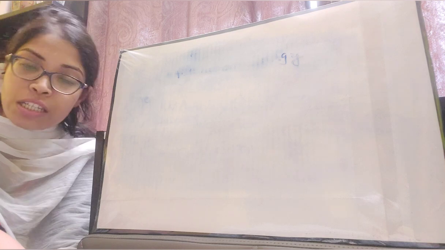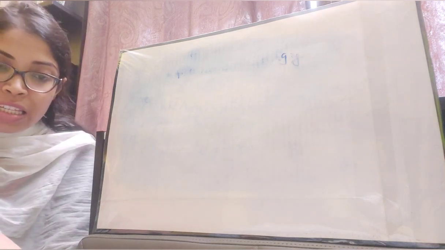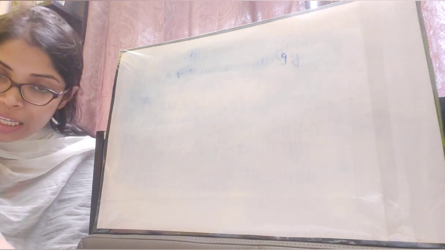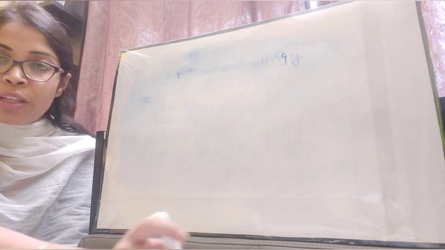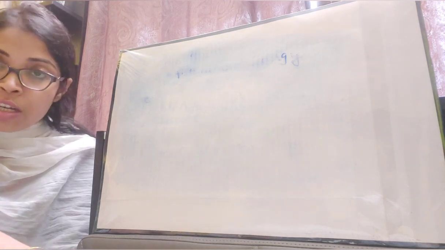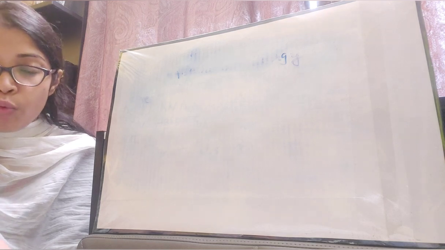Another topic that you have is the different types of digestive enzymes. This is very easy. I have already discussed this in online class. The three different types of digestive enzymes are proteolytic enzyme, lipolytic enzyme, and amylolytic enzyme. From the name only you can understand what these enzymes digest.